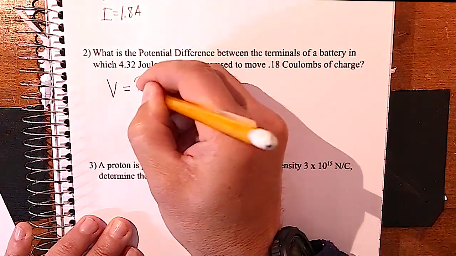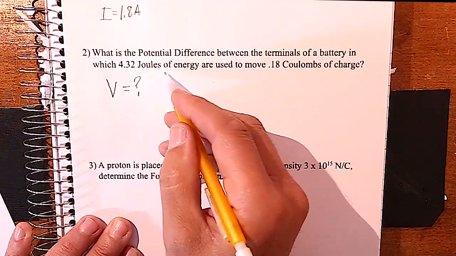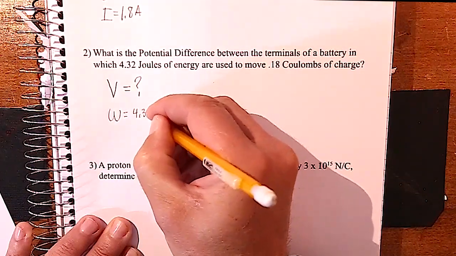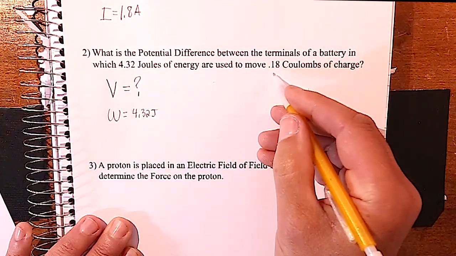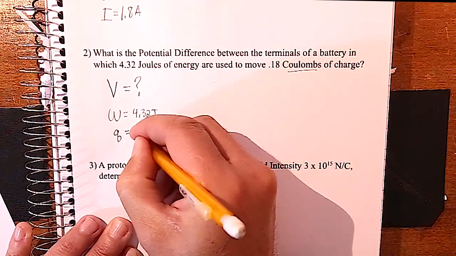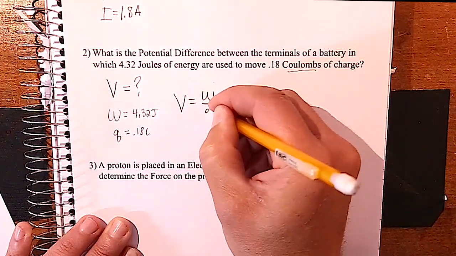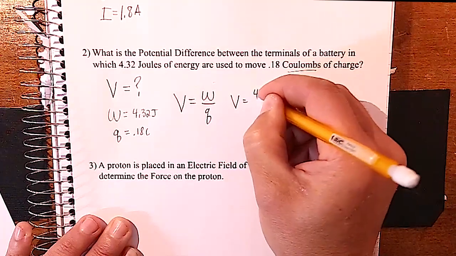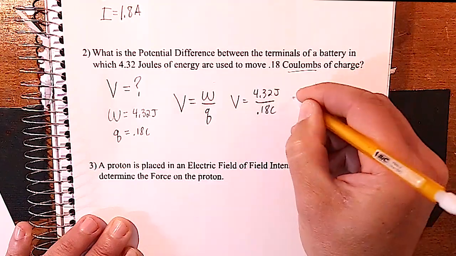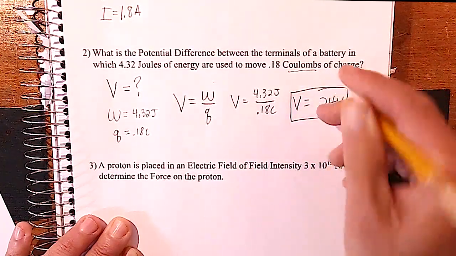So we're looking for our voltage, and it says between the terminals of a battery in which 4.32 joules of energy, so that's our W, are used to move 0.18 coulombs of charge, so that's our Q. Our Q is 0.18 coulombs, so that's just a straightforward V equals W over Q. And we can put in our 4.32 joules as our energy and our 0.18 coulombs for our charge. And when we divide those, we get a nice even 24 volts.